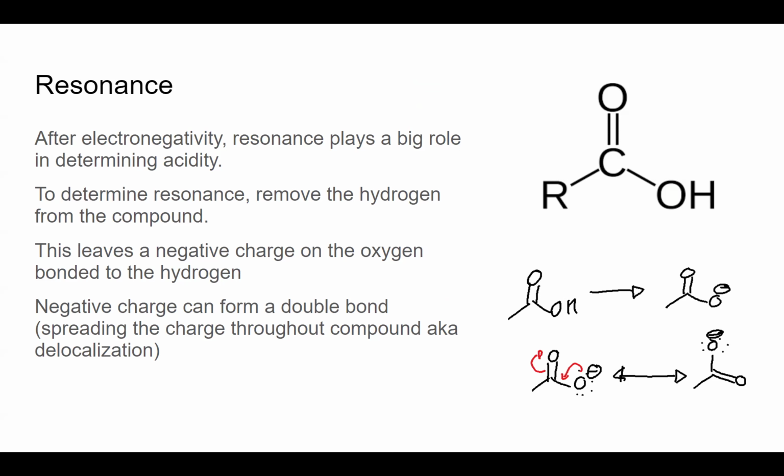Resonance is very important in terms of reactions, mechanisms, as well as determining acidity. So when there's a negative right here, it's actually going to delocalize throughout the entire compound, at least this portion of the compound, to pull out the electron density.